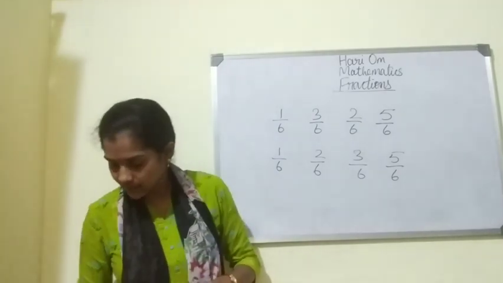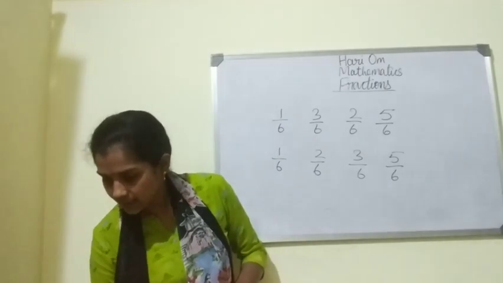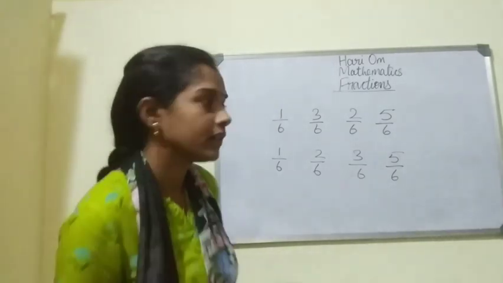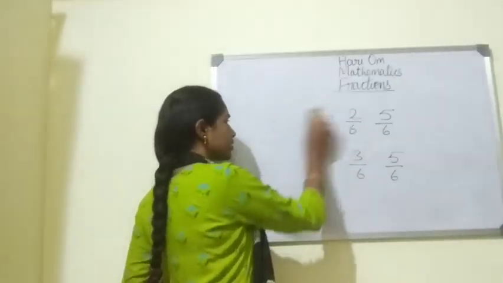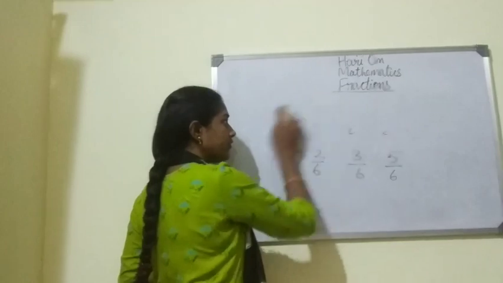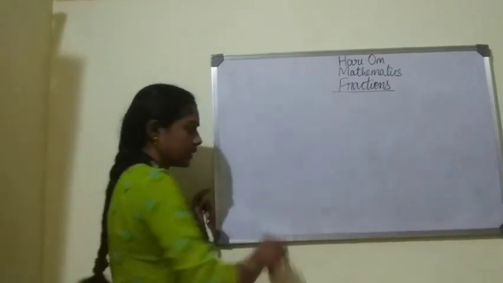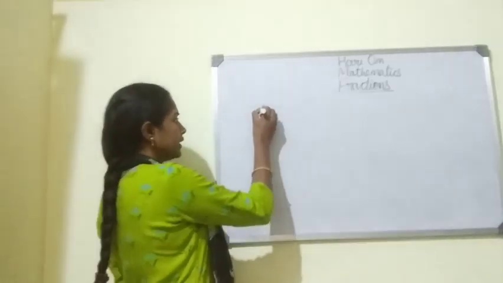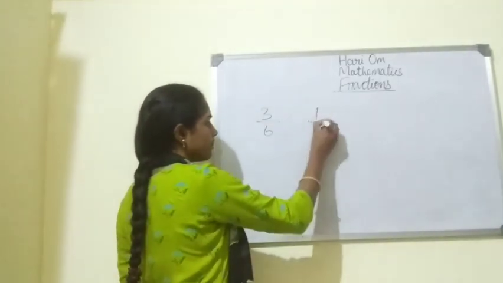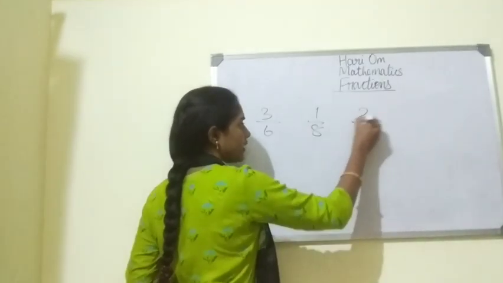Now let us learn what unlike fractions are. The fractions which have different numbers in the denominator are called unlike fractions. For example, 3 by 6, 1 by 8, 2 by 4.